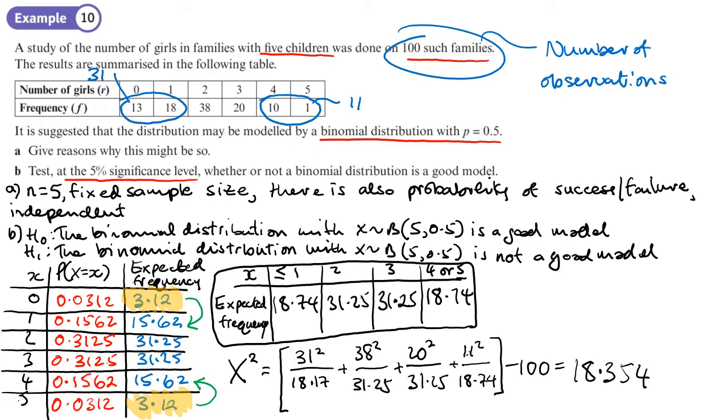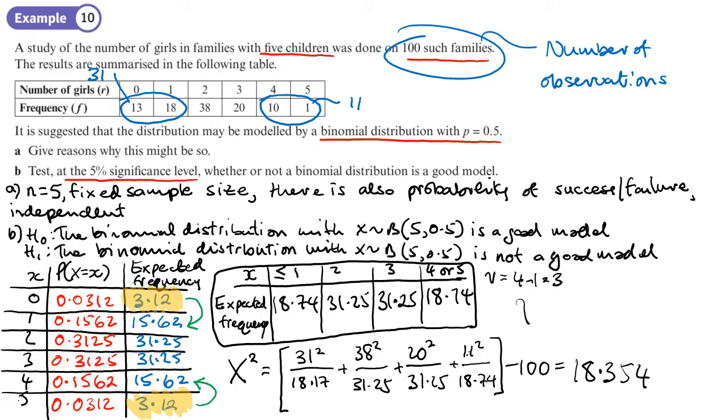Okay, now the number of cells after combining was 4, so the number of degrees of freedom is going to be 4 minus 1, which is 3.